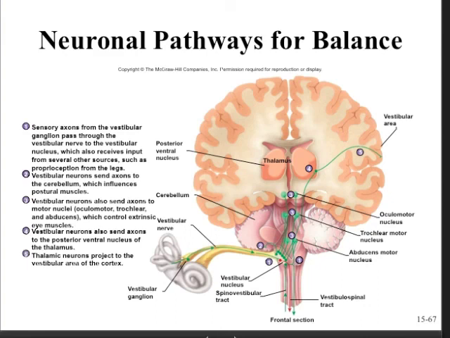Okay, remember that that's the lobe of the brain that lies posterior to the frontal lobe and is essentially defined by the central sulcus being the border. Okay, so this is what allows us, again, to compensate for our movements and also at the same time to fix our gaze despite the fact that we're moving.